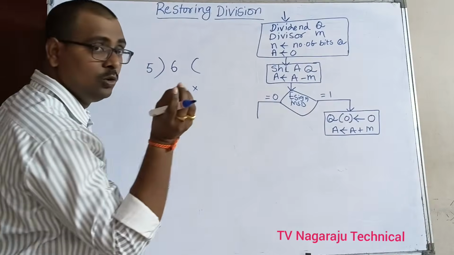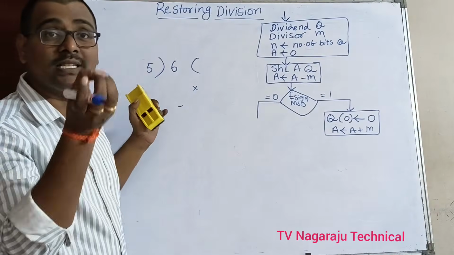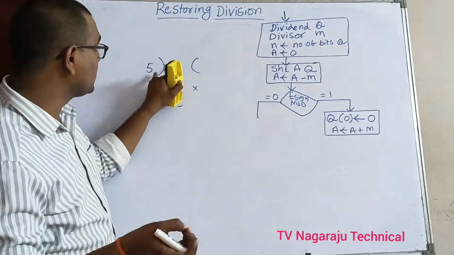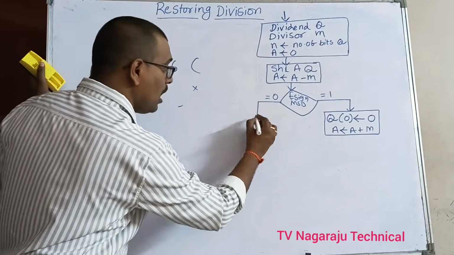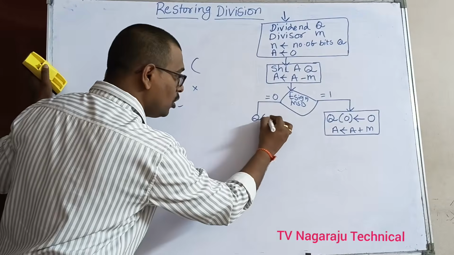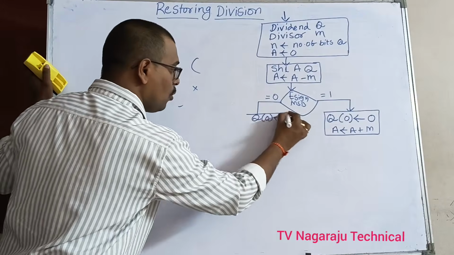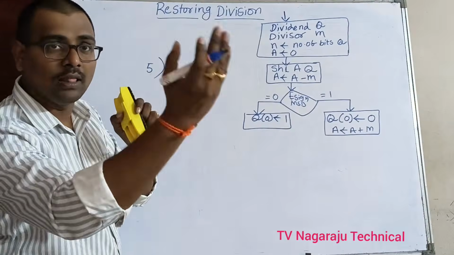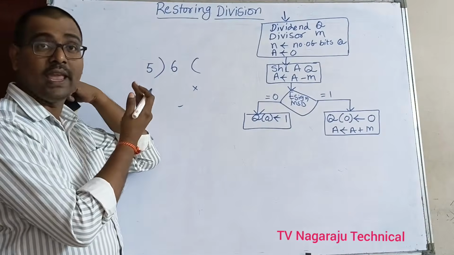If the sign is equal to 0, the subtraction is successful, meaning the divisor divides the dividend. So obviously Q0 is equal to 1. You got it? Like this, we shift all the bits of the dividend into A.